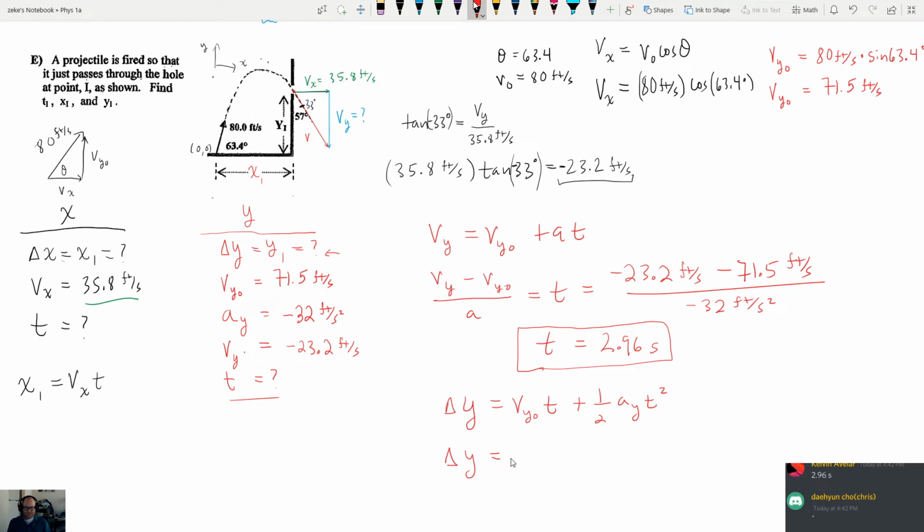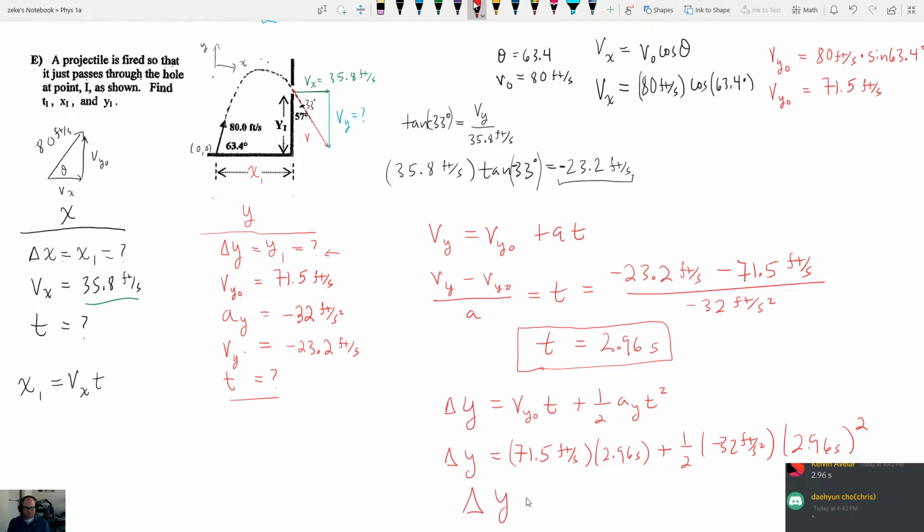So delta y is going to be Vy initial, which is 71.5, times the time, which is 2.96, plus 1/2, negative 32, times the time squared.